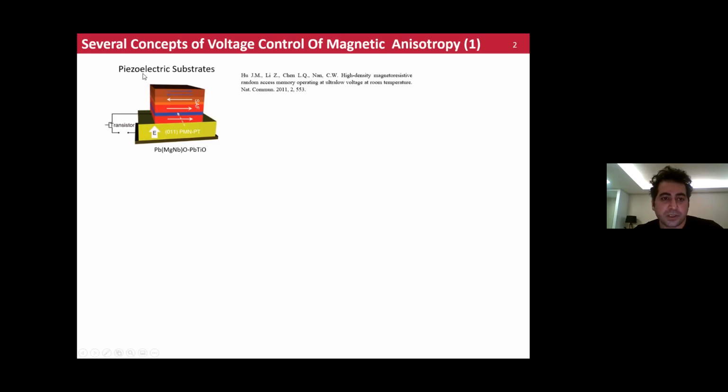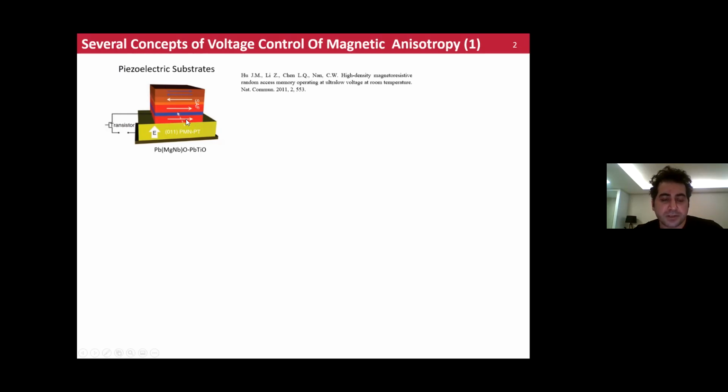First concept is using piezoelectric substrates. As we know, when we apply voltage to a piezoelectric material, we can change its size. We can manipulate its dimension. If we fabricate a ferromagnetic structure on top of a piezoelectric material, and we apply a voltage, we can apply a strain or stress to the ferromagnetic material.